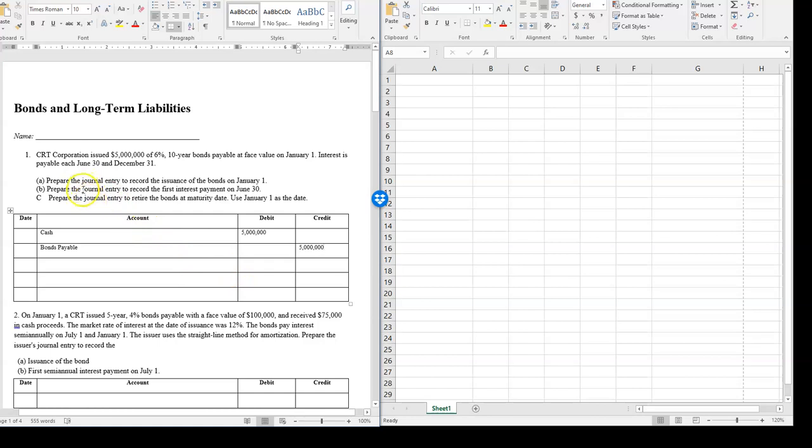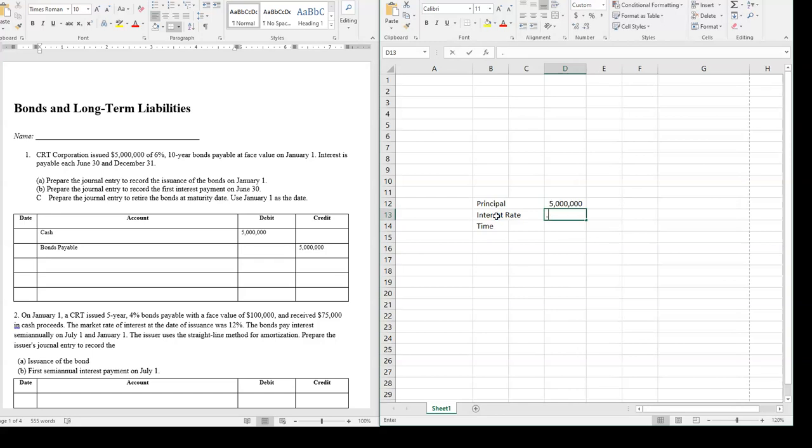Alright, and then letter B says, prepare the first journal entry for the interest on June 30th. Well, we pay interest every 6 months, and the calculation is going to be the principal times the interest rate times time, and our principal is $5 million.